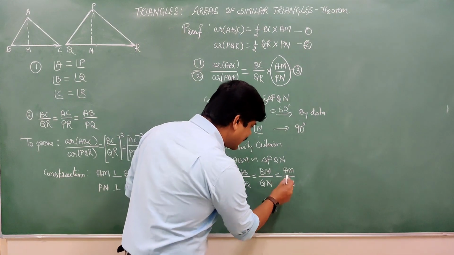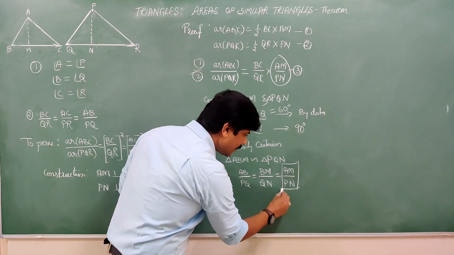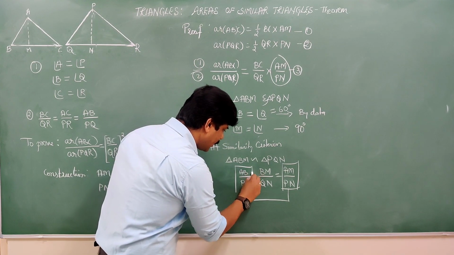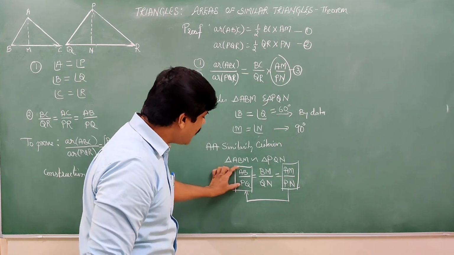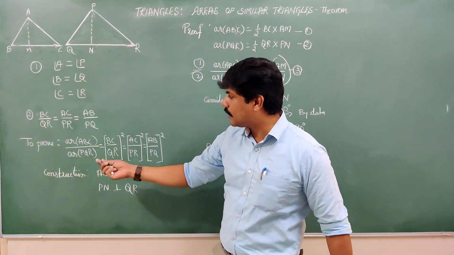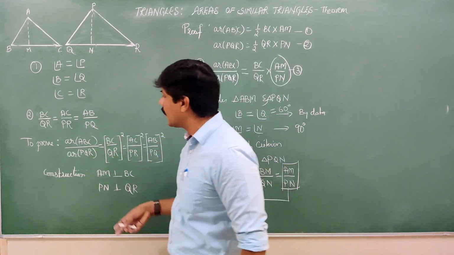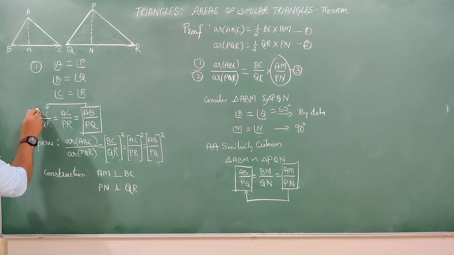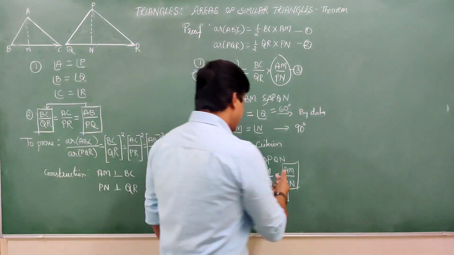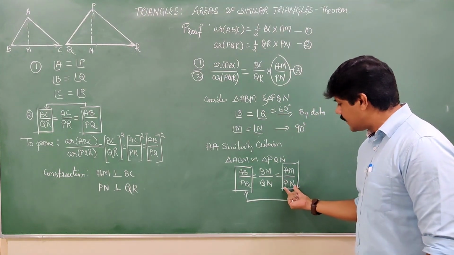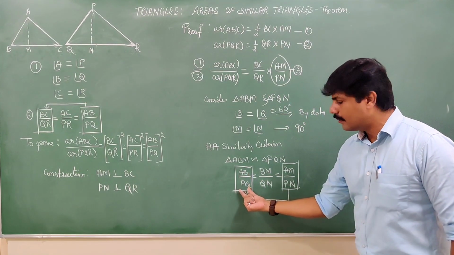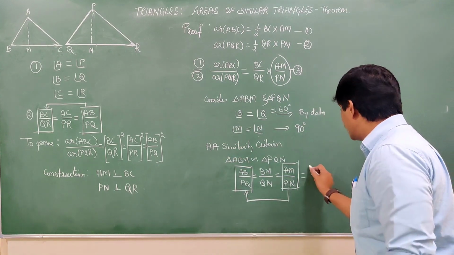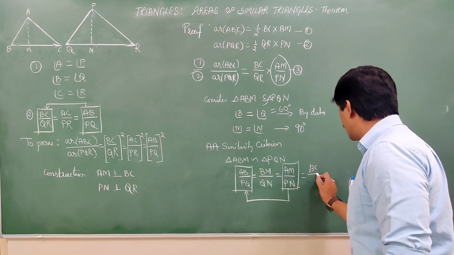Now you see that AM by PN is equal to AB by PQ, and from the data you can see that AB by PQ is equal to BC by QR.